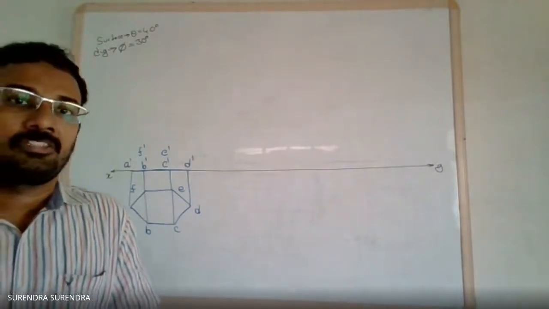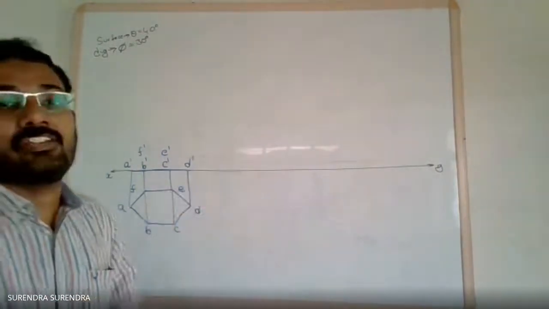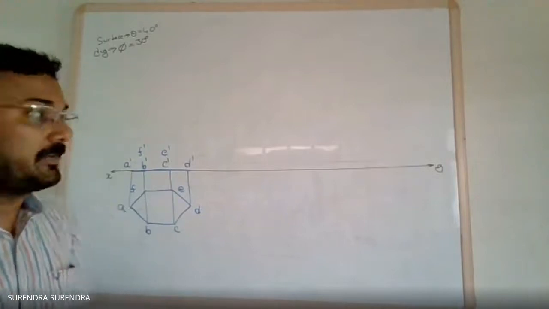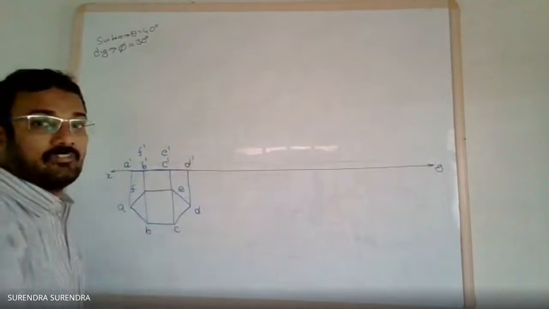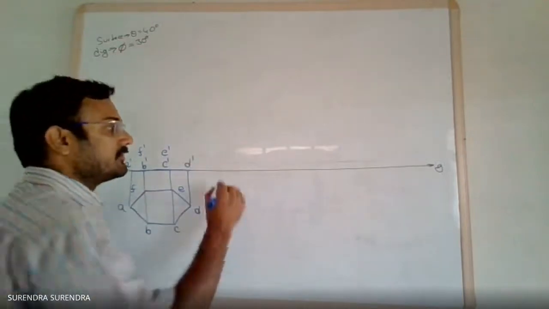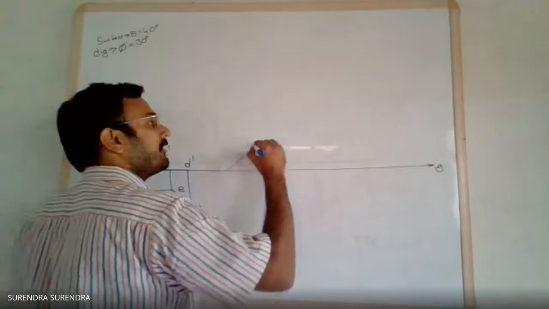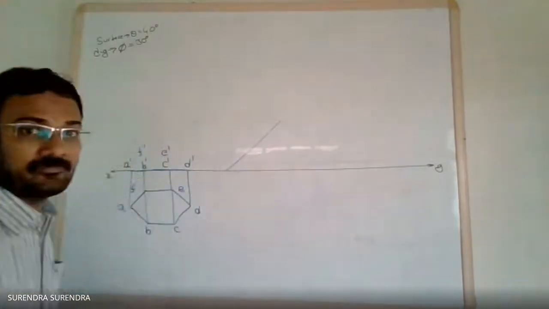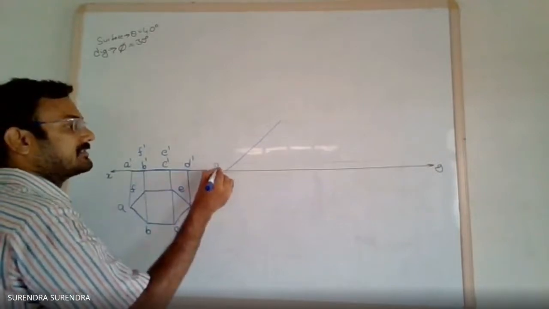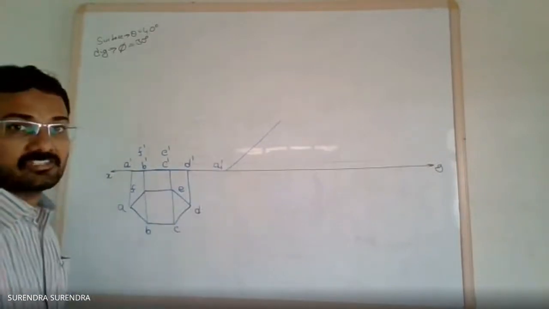Now, as the surface is inclined at 40 degrees to the HP, redraw this line with the surface inclined at 40 degrees to HP. So draw an inclined line at 40 degrees to HP, and on this line, first corner, name it as A1 dash.